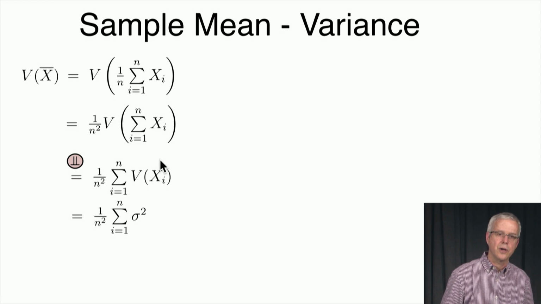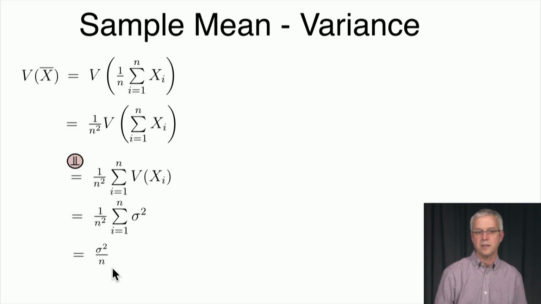But the variance of each xi, a sample from the distribution, which has a standard deviation sigma or variance sigma squared, is unknown to us, but it is still the variance. So we get 1 over n squared times the summation from 1 up to n of sigma squared. So sigma squared will get multiplied by n and then divided by n squared. So we get that the variance of the sample mean is sigma squared over n.